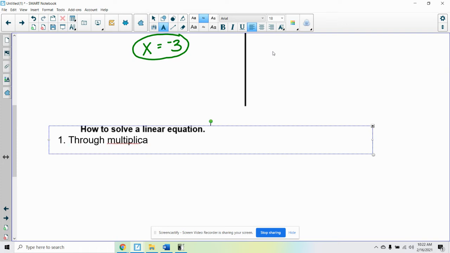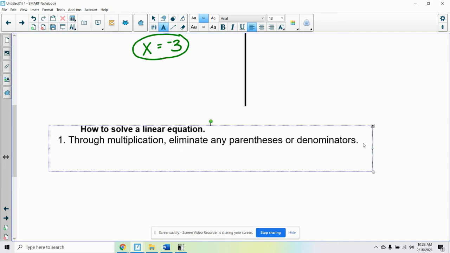Through multiplication, eliminate any parentheses or denominators. Okay, that's your first step. Through multiplication, and I'll explain what that means on the next page. Eliminate any parentheses or denominators.